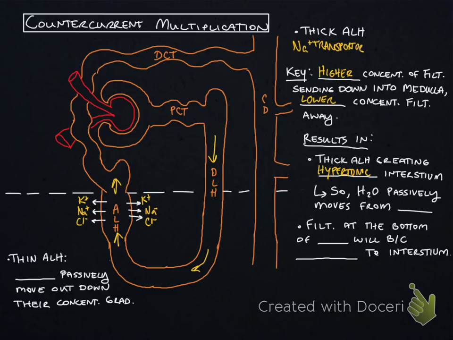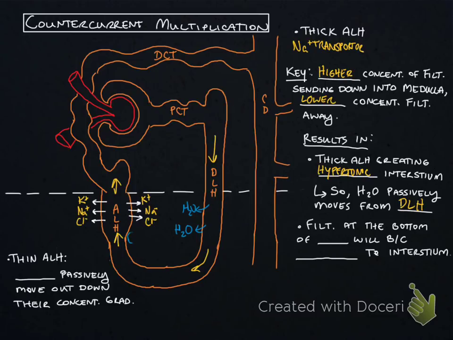So remember, hypertonic interstitium means that it is going to be concentrated. So water passively moves now from the descending loop of Henle. So we can draw that like this.